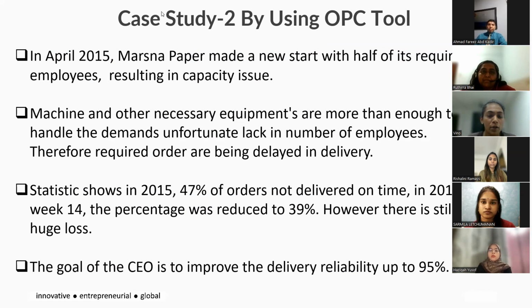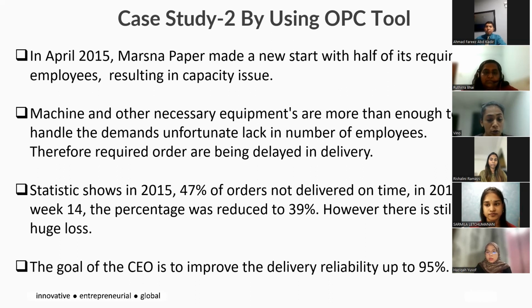Hi everyone. This next case study is in a manufacturing company named Masna Paper, whereby they started their new business with 45 employees. They were supposed to hire 75 employees, but they only hired 45. What they faced was that machines and other necessary equipment were more than enough to handle the demand. Unfortunately, the lack of employees caused delays in delivering their products.